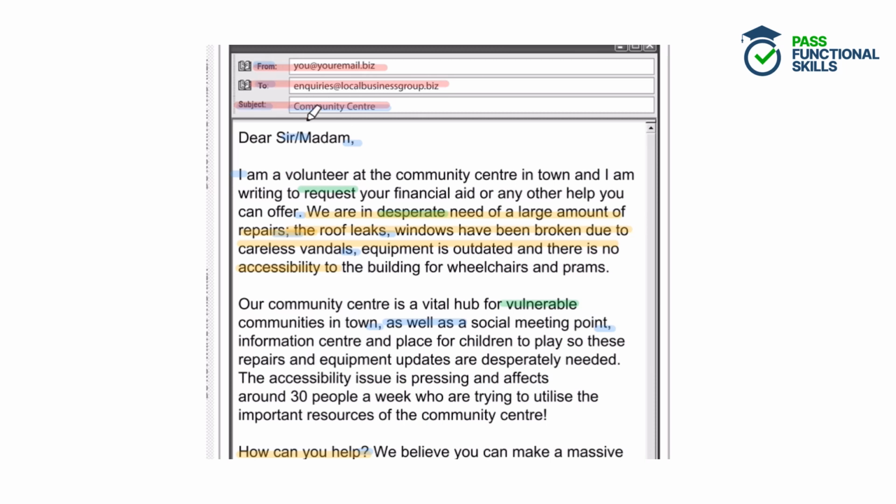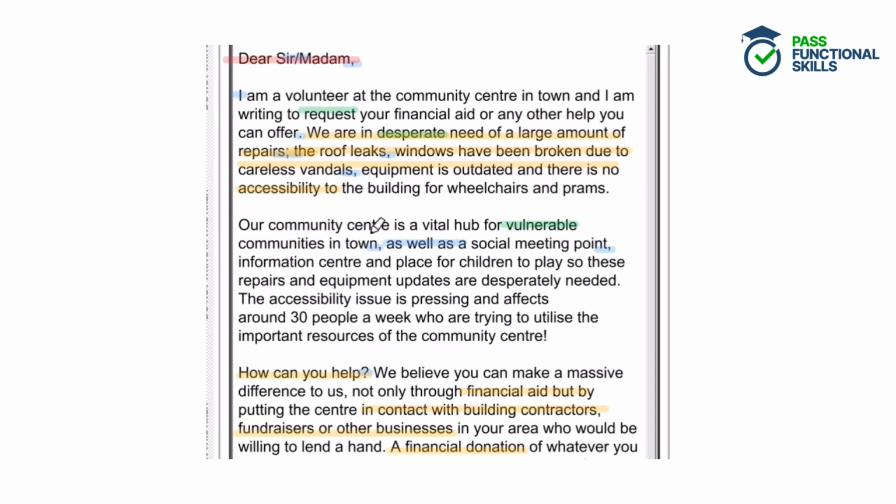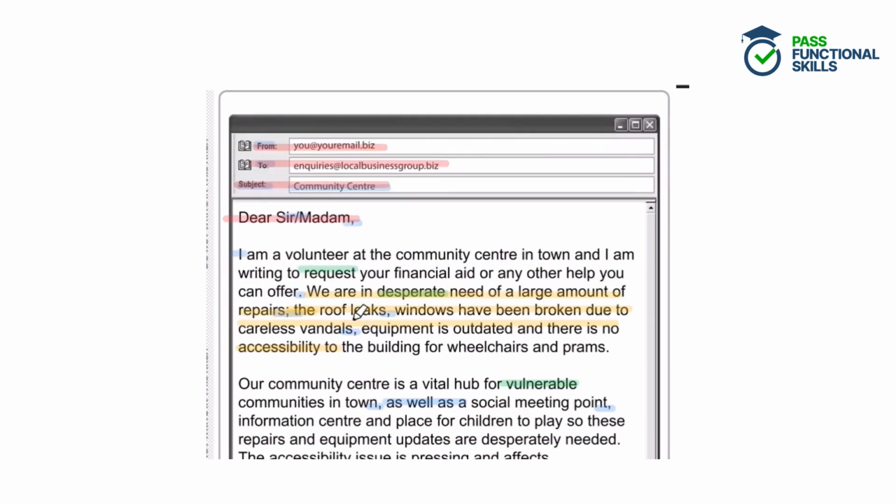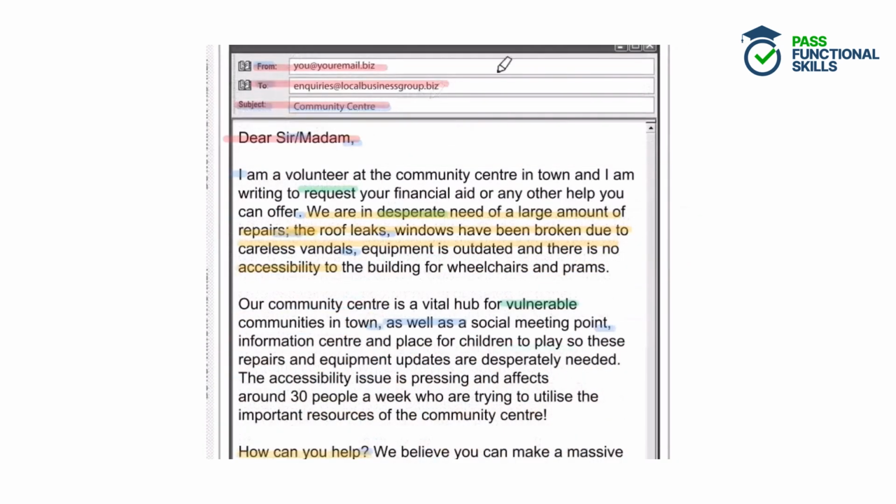And in this case, they've used community centre, which is very appropriate. We've then got another organisational feature here, a polite greeting at the top. And then we have a sign off with the name of the sender. Those are all of the organisational features that you'll need to be using for the email text type.